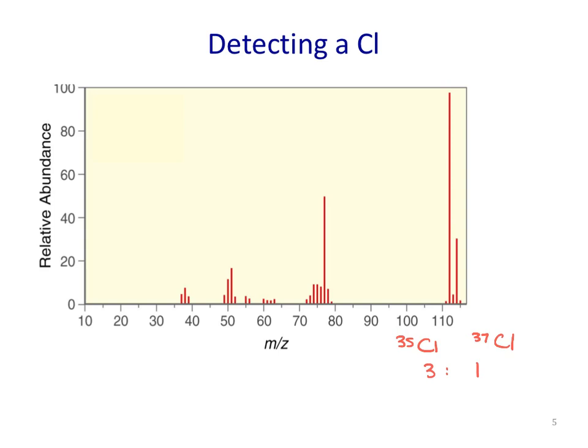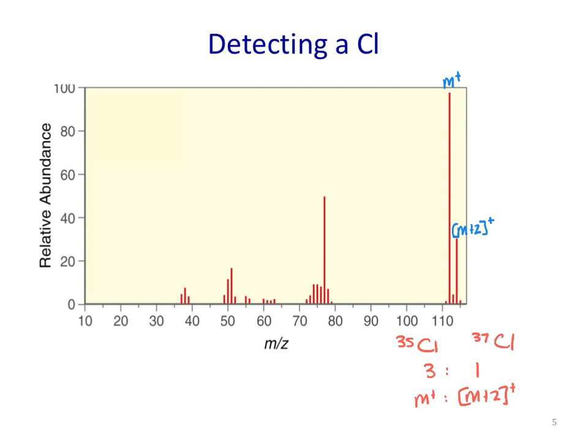That's useful because it allows us to see this in the mass spec. So if you see an M+ to M+2 in a 3-to-1 ratio, and that's what we have here, there's M+, here is M+2, 3-to-1, that indicates the presence of a chlorine.